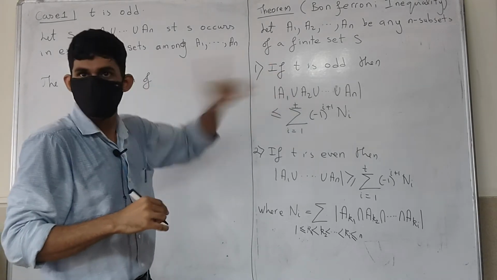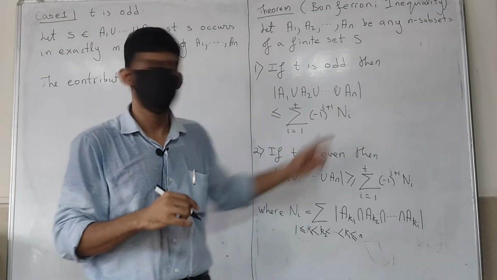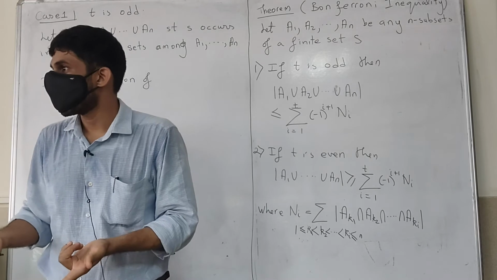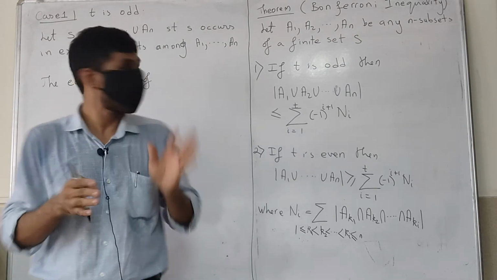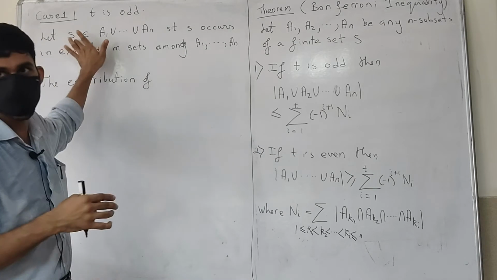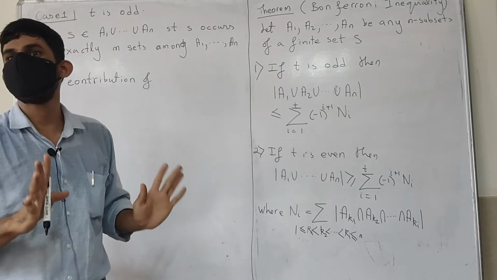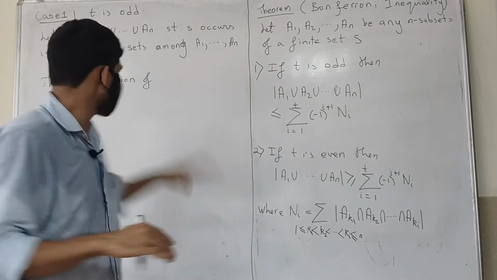It occurs in this, so the contribution will be exactly 1. Now we have to check what's the contribution on the right side. If I know that for every S the contribution is less than or equal to 1, then my inequality will be proved, right? So that's what we are going to check.